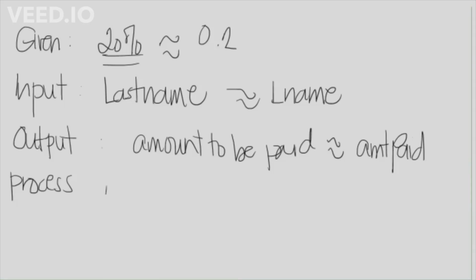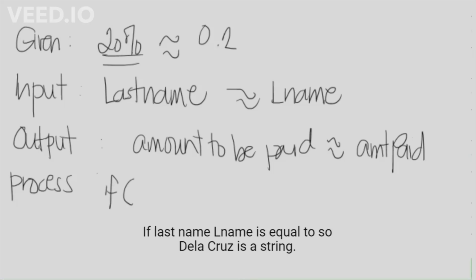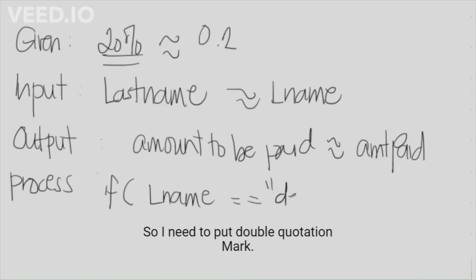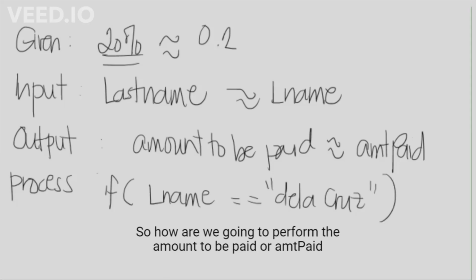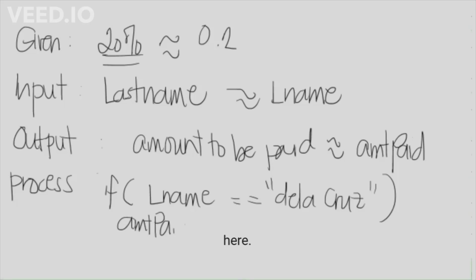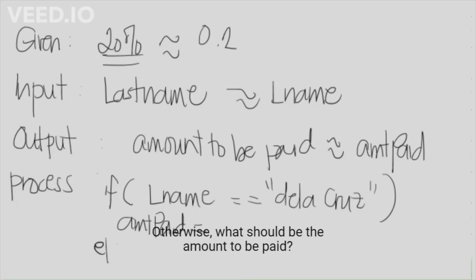So I have it here. If last name, which is L name, is equals to De La Cruz, which is a string, so I need to put double quotation marks. So how are we going to perform the amount to be paid, or AMT paid here? Otherwise, what should be the amount to be paid?